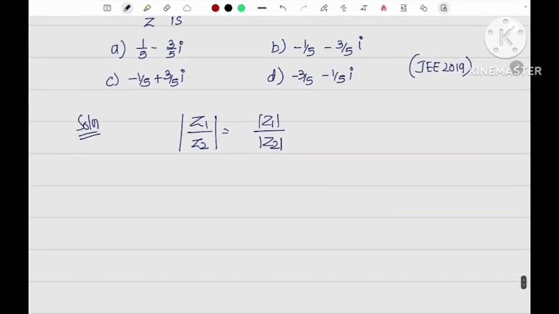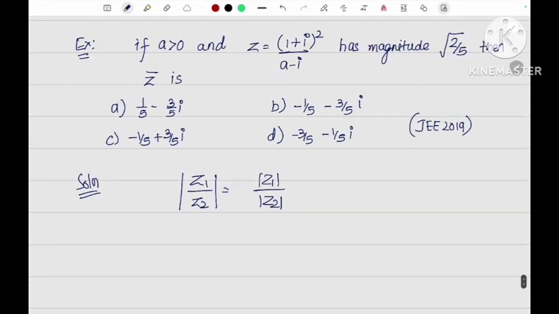Of course, other concepts we will also use. So it is given that the magnitude of (1 plus i) squared divided by a minus i is equal to root 2 by 5. This is given, and we have to find out the value of z bar.